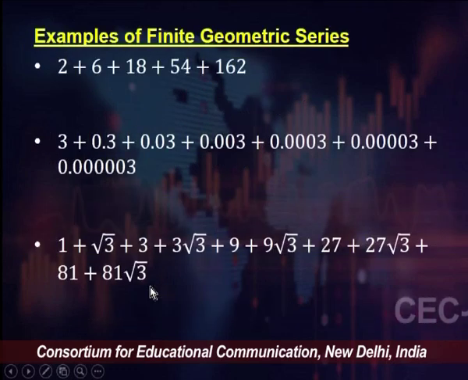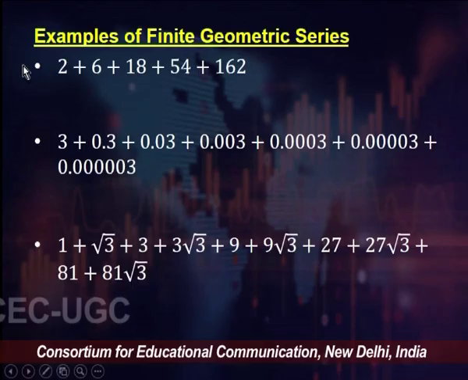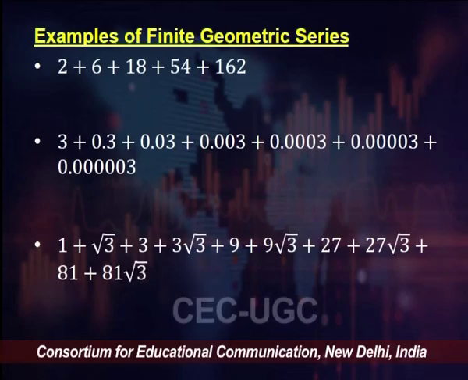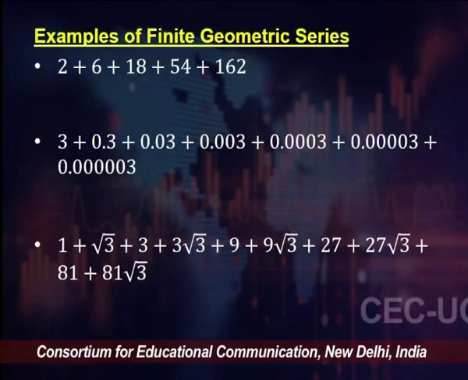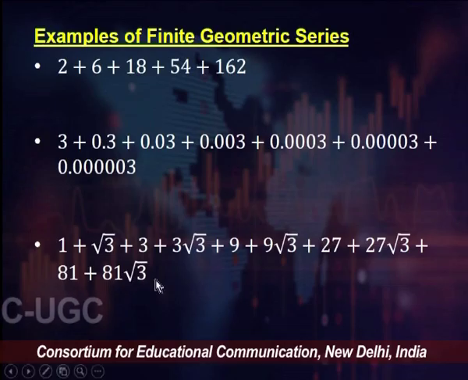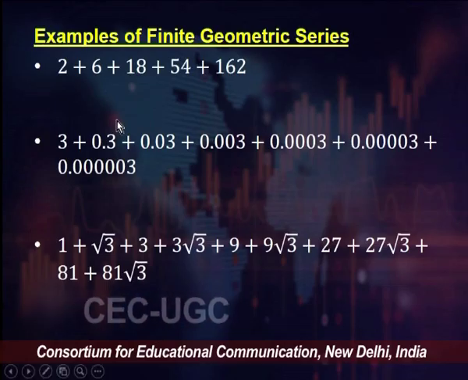Right. Let us look at some examples of finite geometric series, and what I would like you to do in each example is to specify what the first term is, what the common ratio is, and how many terms we have. So, this is a simple question, and let us look at each series one by one.